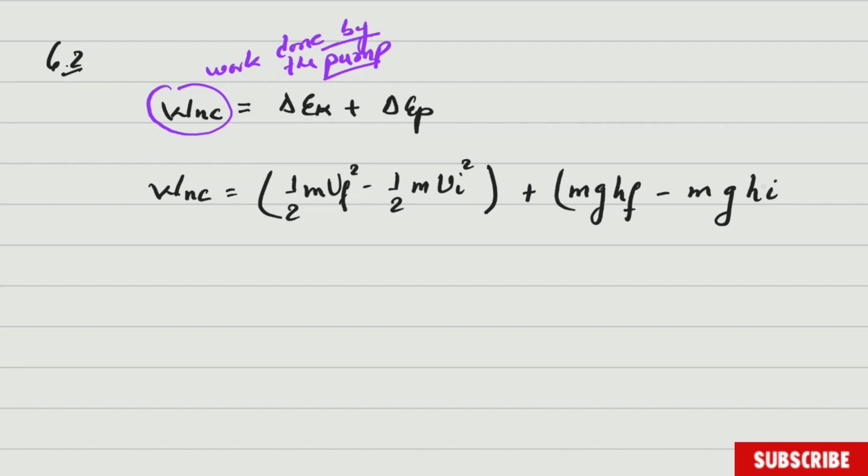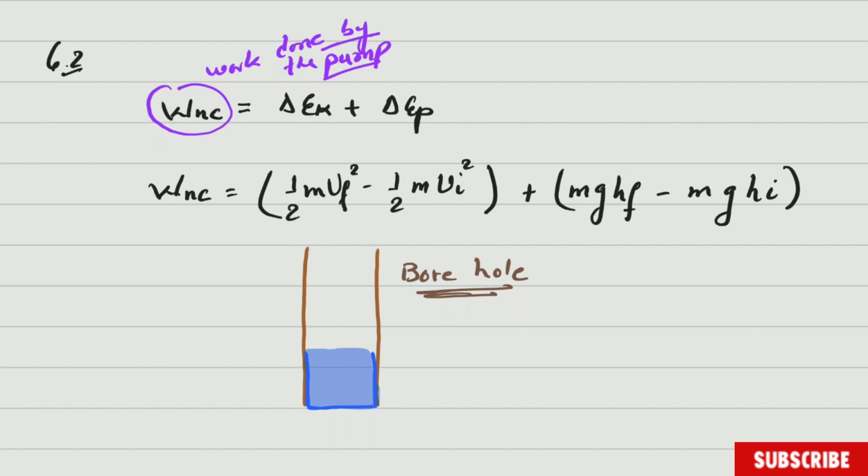Now, how I want you to picture this one, because it is a little bit tricky to understand. This is going to be the borehole, and there is water inside. But let's imagine the water is like a bucket of water that this pump is going to pull up. There's going to be 300 kilograms of water pulled up, and it's going to be very fast, 300 kilograms of water every 1 minute.